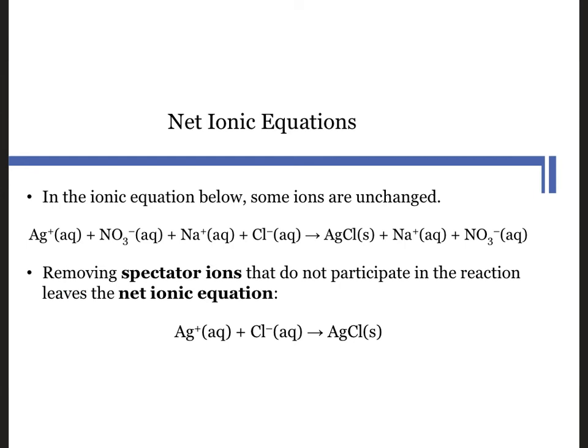Note that some ions show up the same on both sides of the equation. If we remove these spectator ions, we're left with only the ions that participate in the formation of the solid, the part that does the reaction. This is called the net ionic equation.